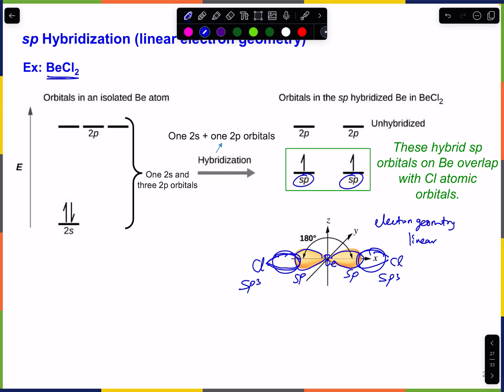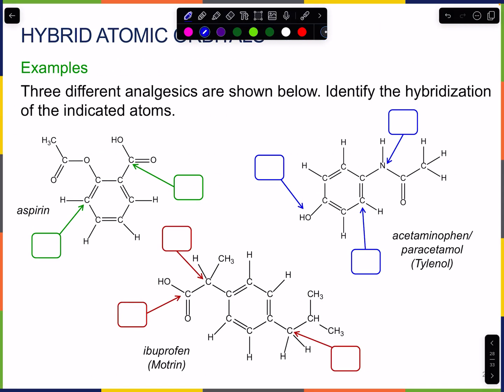This lone pair for the nitrogen atom, when having sp hybridization, will be located on one of those sp hybrid orbitals, right? This one will be p and hybridized orbitals to make the double and then the triple bond, or the second and the third bond with a corresponding atom.